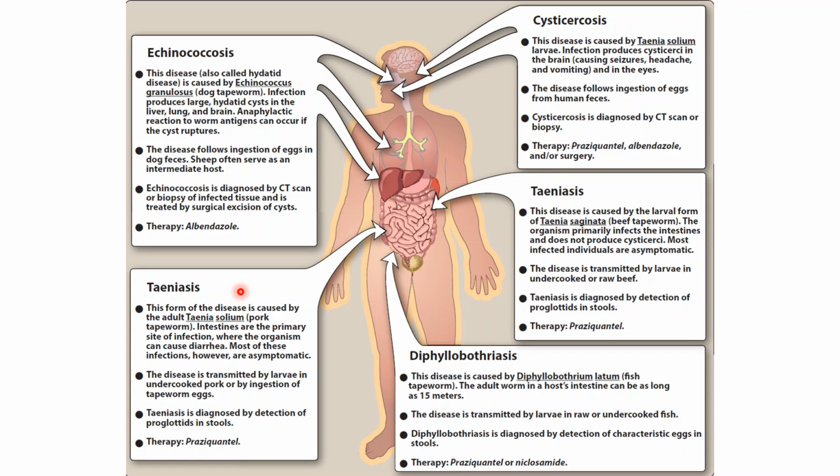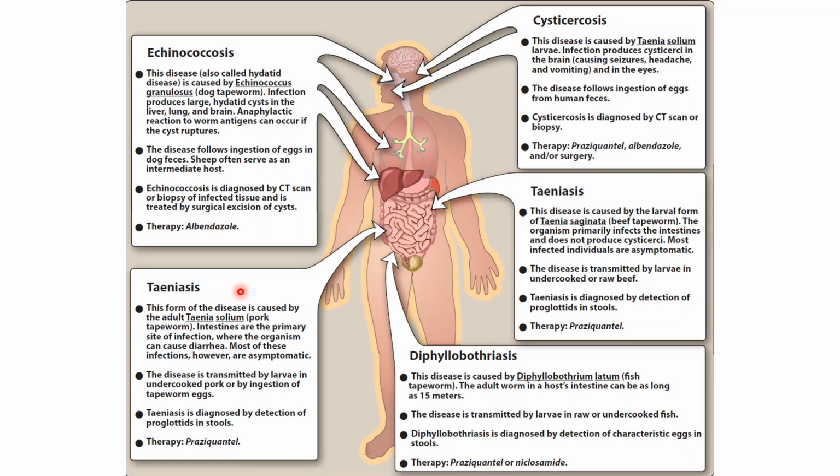It inhibits mitochondrial phosphorylation of ADP, that is adenosine diphosphate, killing the cestode scolex and segments, but the ova will survive.